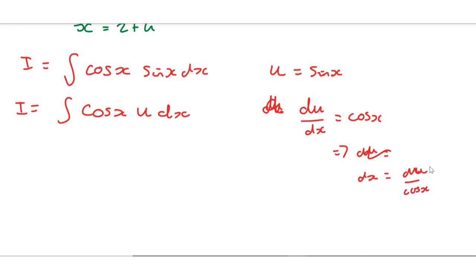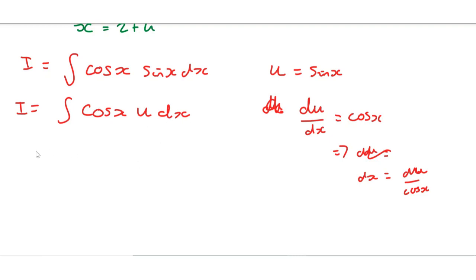This isn't strictly true, you can't rearrange things like this, but because of the chain rule, this works. So it's not that dx is equal to du over cos x, but the chain rule means that this sort of methodology gives you a substitution for dx, okay, and that's it.